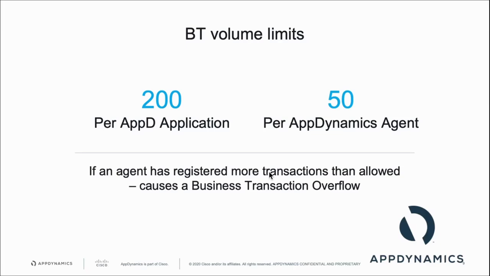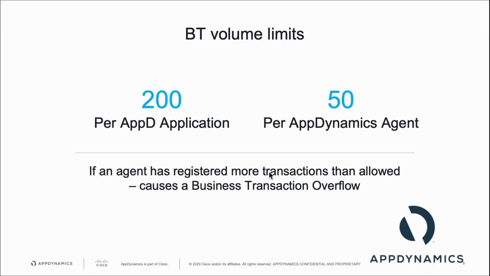There is one all other traffic business transaction for each tier on which the limit is reached. So we really want to ensure that we are not consuming our business transaction limits with non-business critical business transactions.